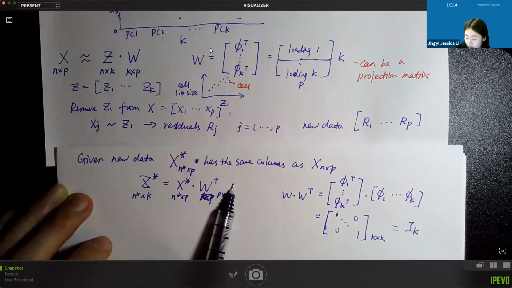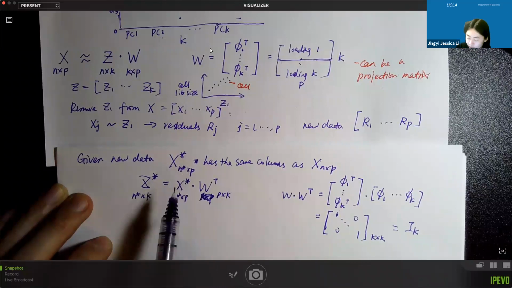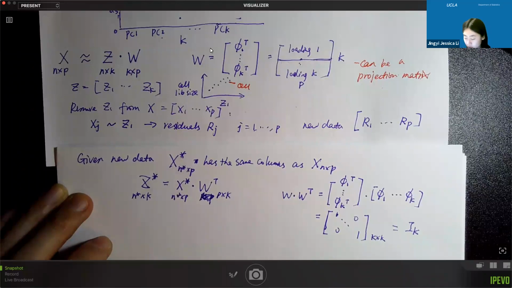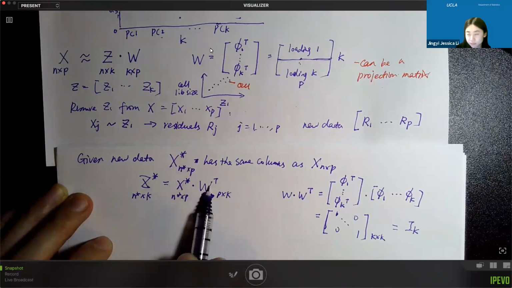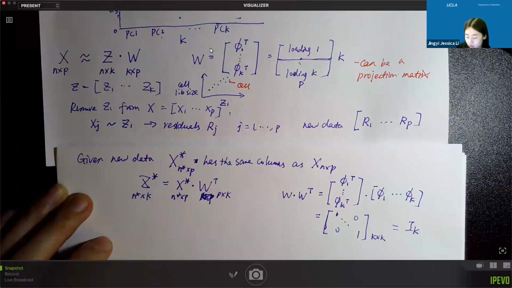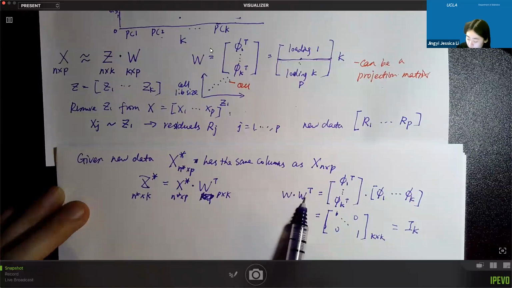Whenever we do the right multiplication, we keep the rows, but we have the rows with new columns. That's what we mean by right multiplication. But for left multiplication, we keep the columns, but we change the rows to different rows. So that's the intuition.